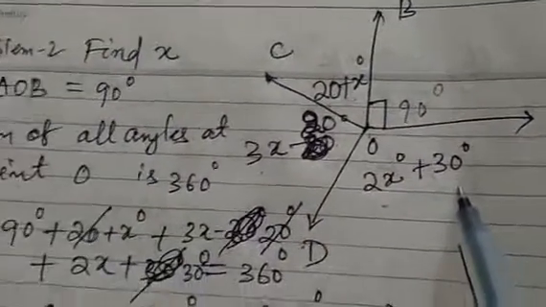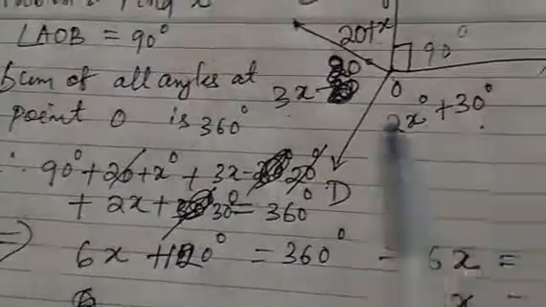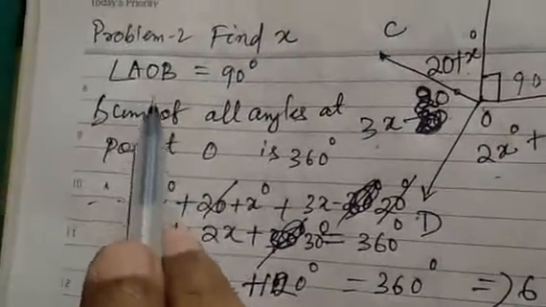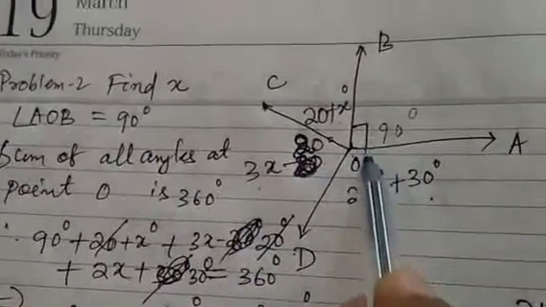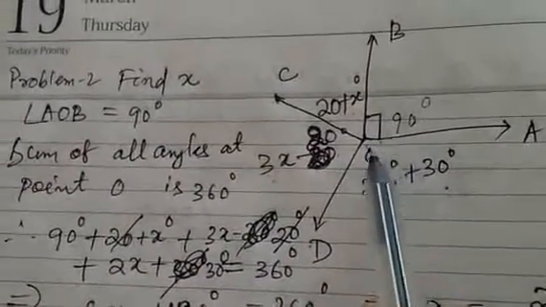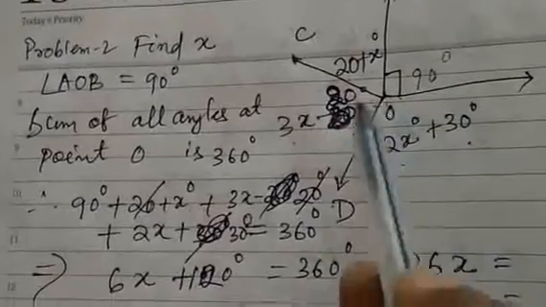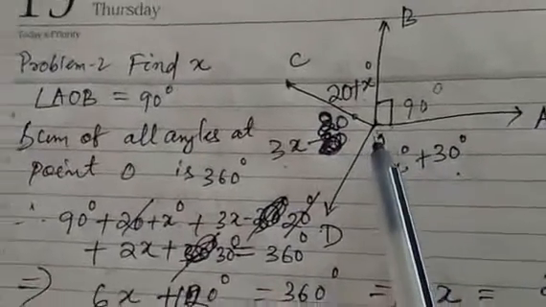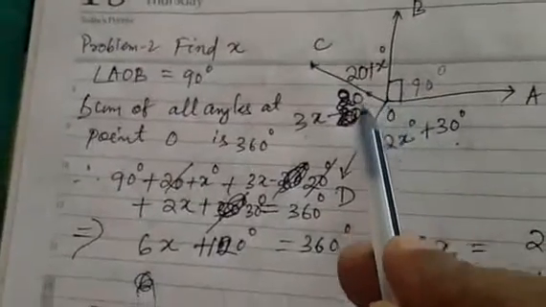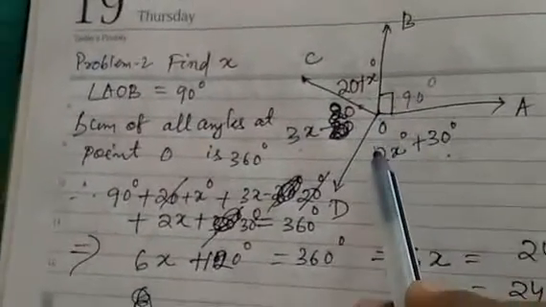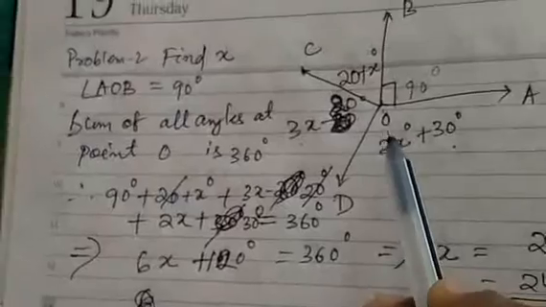You have to find the measurement of x. As you know, the sum of all the angles at O is 360 degree. Therefore, this angle plus this angle plus this angle and this angle is equal to 360 degree.